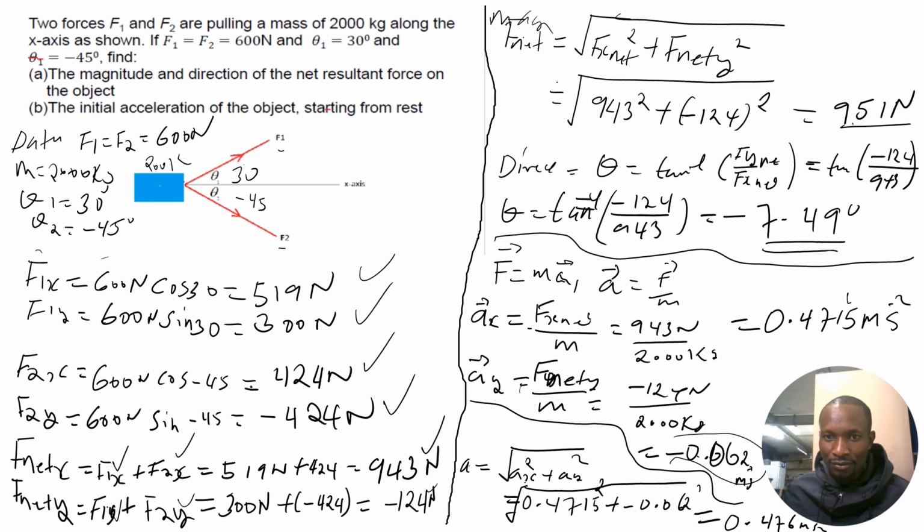And if you want to find the resultant acceleration, you need to take into consideration that it is the square root of acceleration in the x component squared plus acceleration in the y component squared, and that will give you 0.476 meters per second squared. And if you need to go further and determine the direction of the resultant acceleration, you are going to say it is the tan inverse of ay over ax.